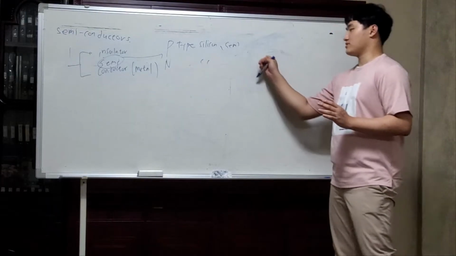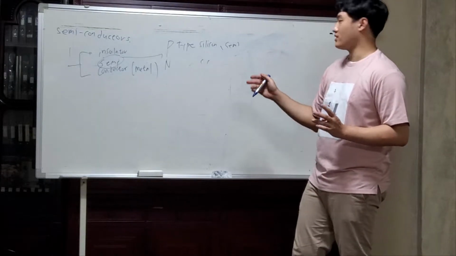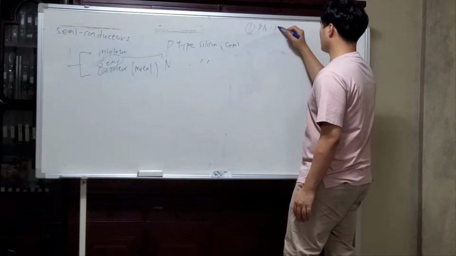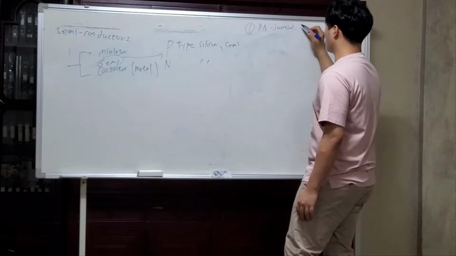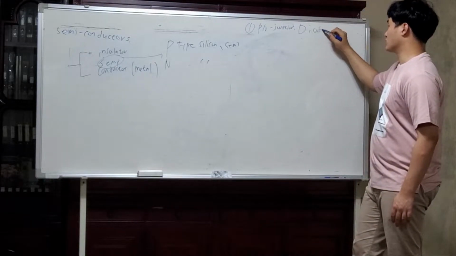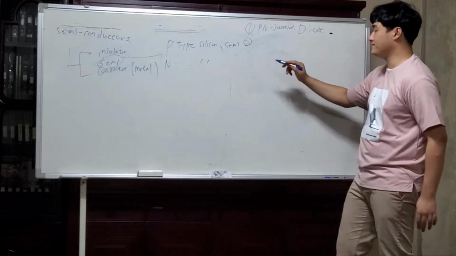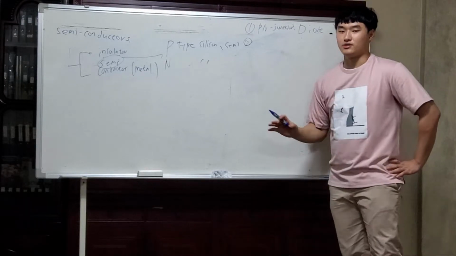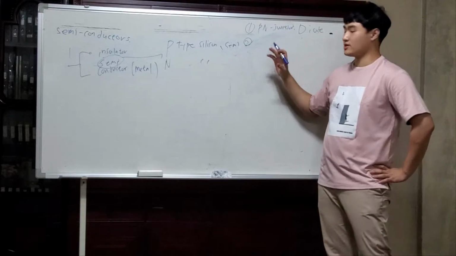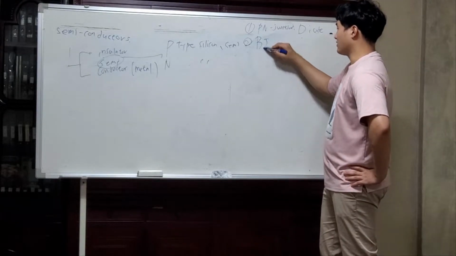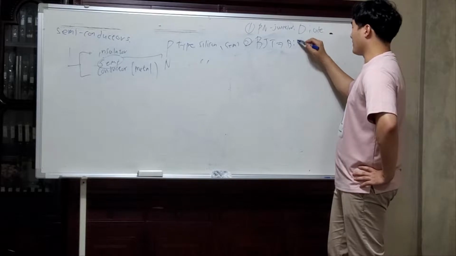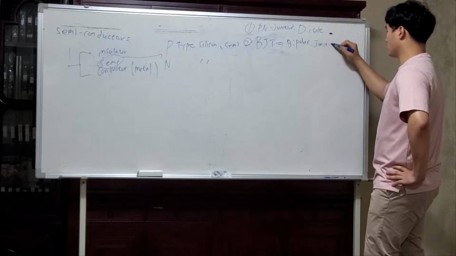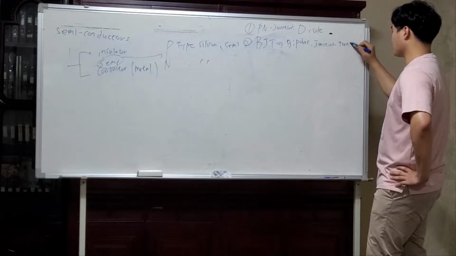With these two types, we can make, first, the P-N junction, in short, the diode. And secondly, using the method of how the P-N junction works, it will become the BJT, bipolar junction transistor.